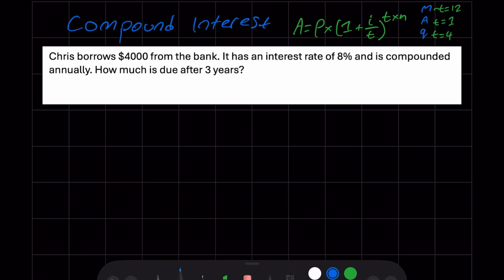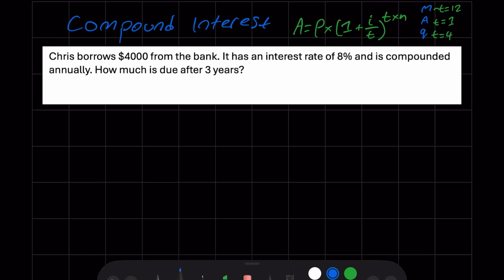Let's do this question. This question says, Chris borrows $4,000 from the bank. It has an interest rate of 8% and is compounded annually. How much is due after 3 years? Now, if you just watched my simple interest video, you may have picked up that every question in there mentions simple interest.